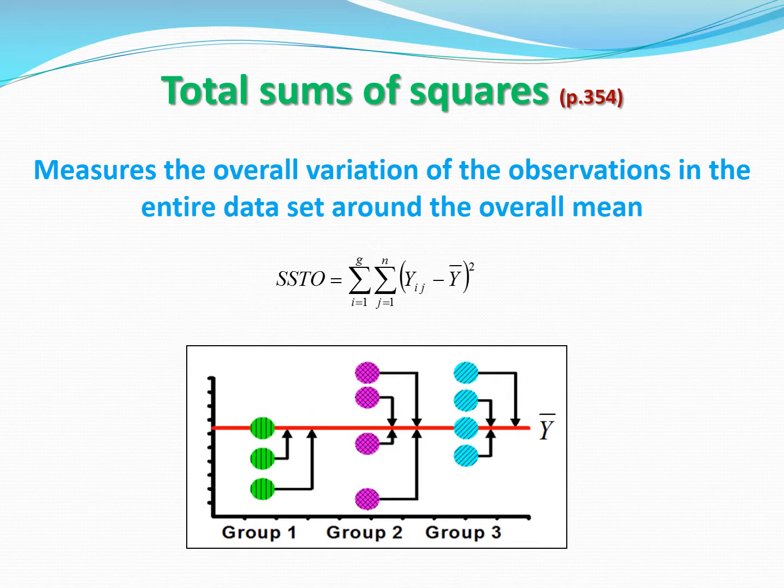So you will subtract the overall mean from all the data observations each time. You square that value and you do that across all the groups for all the elements. We square the different values since the positive and the negative values can cancel each other out.